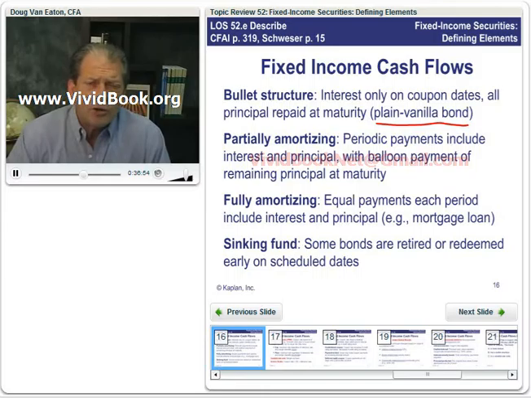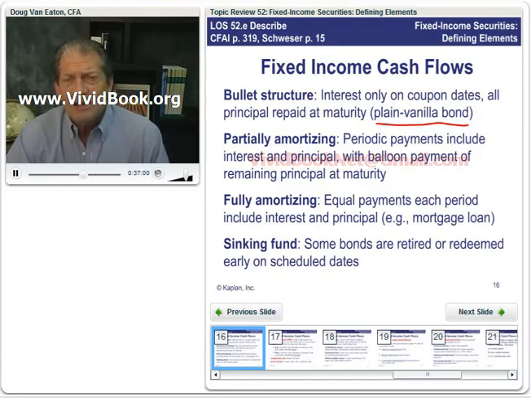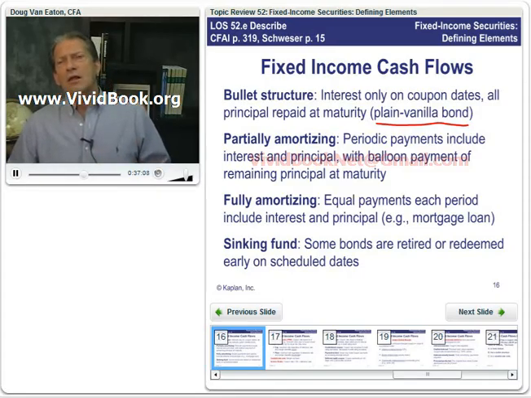So the structure of a bond with a sinking fund now is typically that some portion of that bond issue is going to be retired. We also use the word redeemed, periodically up until the final maturity date. So a simple sinking fund structure says, okay, we're going to issue 20-year bonds. We're not going to do anything for 5 years.